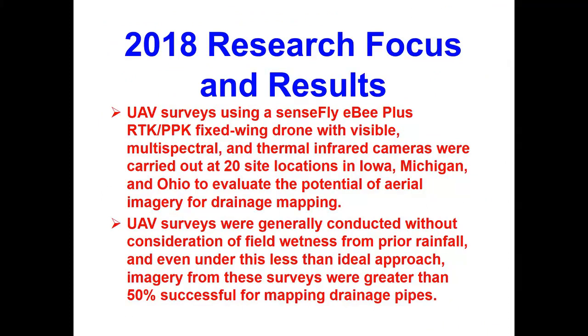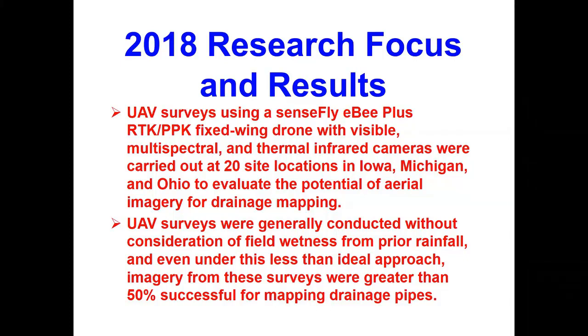Okay, what was our research focus over the last year? And then towards the end of the talk, I'll mention where we're going from here. Basically we just got the equipment and we wanted to get it out as much as possible to test it at a number of different field sites. So we've gone to over 20 field sites in Iowa, Ohio, and Michigan.